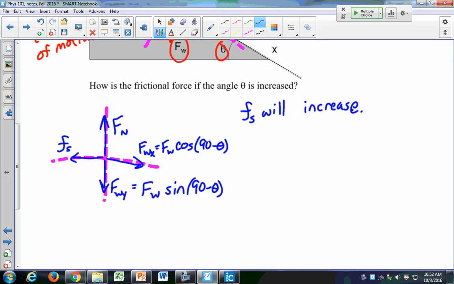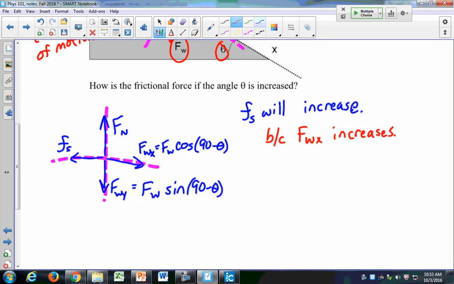So the static frictional force increases because FWX increases. Because as long as this thing is not moving, Fs will equal FWX. And if FWX increases, then Fs is also going to increase.